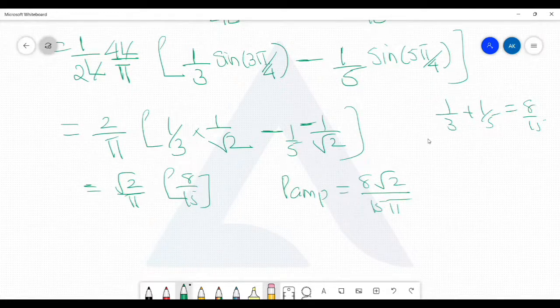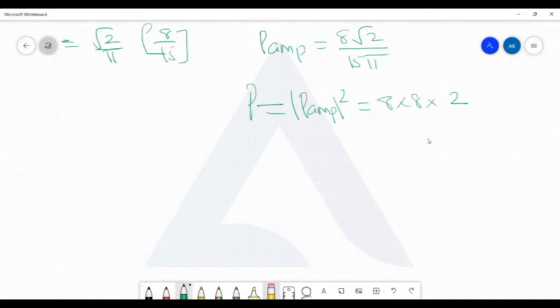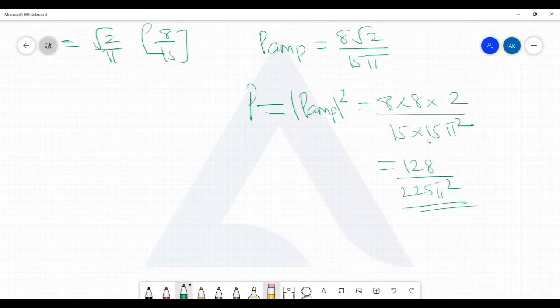It is the square of the probability amplitude, that becomes 8 into 8 into 2 divided by 15 into 15 pi square. That is 64 into 2, 128 by 225 pi square. That is the probability. Okay. So that's it.